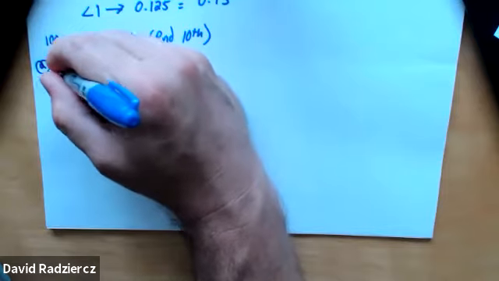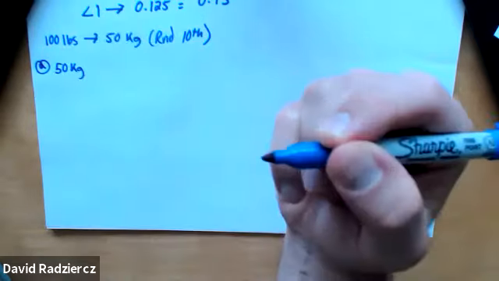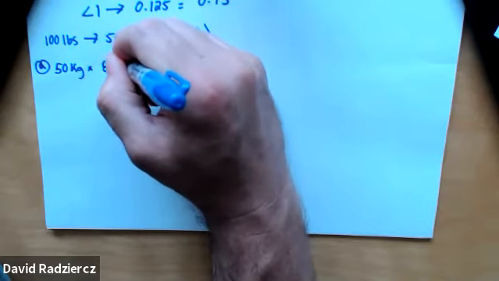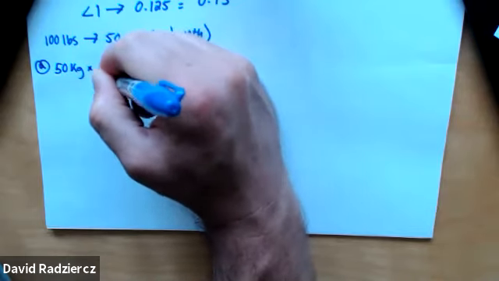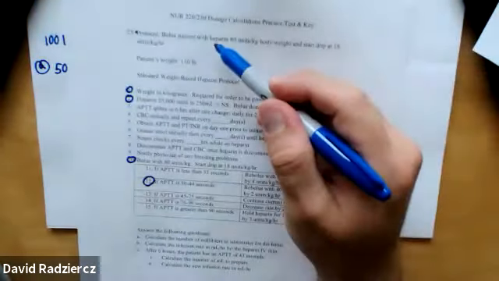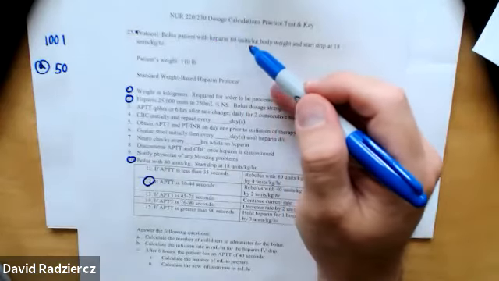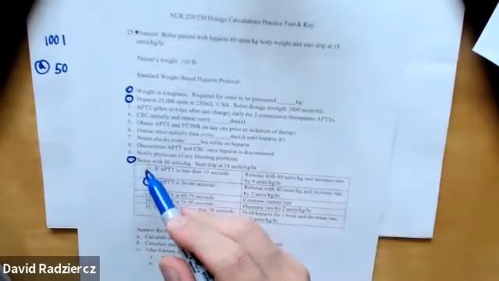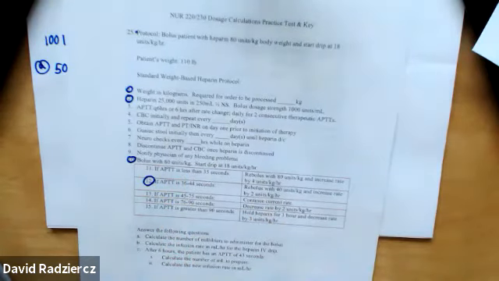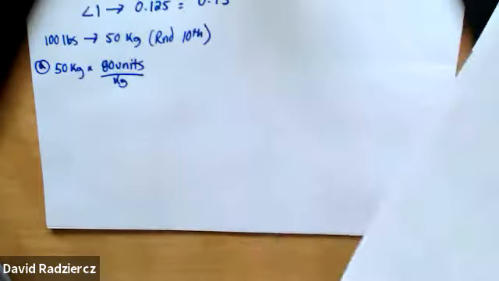In order to calculate that, we need the patient's weight in kilograms, and then we need to multiply by the bolus dosage strength, which is 80 units per kilogram. Again, we're not guessing that information. It was told to us at the beginning of the protocol, 80 units per kilogram body weight. It's told to us again in step 10 to bolus with 80 units per kilogram. So we don't have to guess about that.